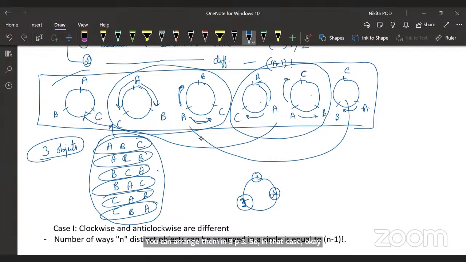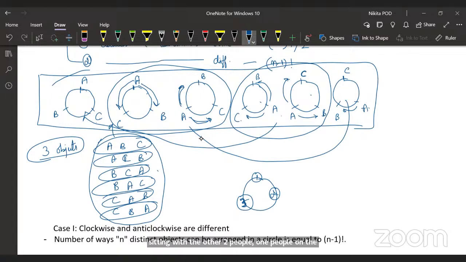But what we're saying is the arrangement turns out to be the same. Let's suppose you are sitting at a circular table with two other people.